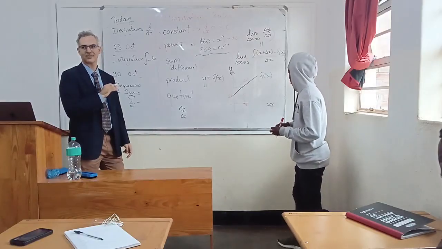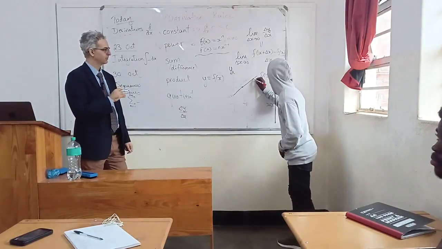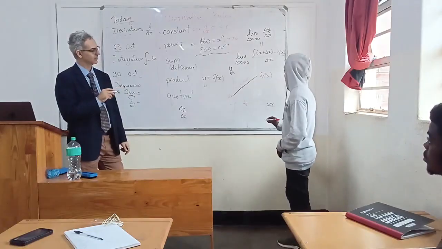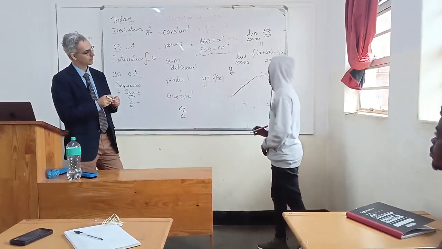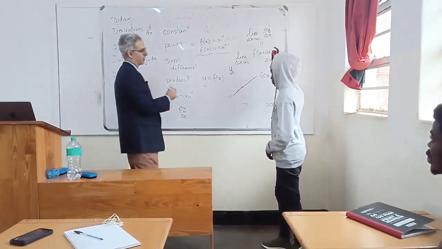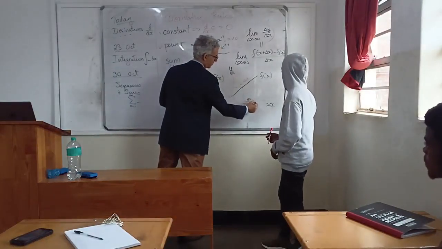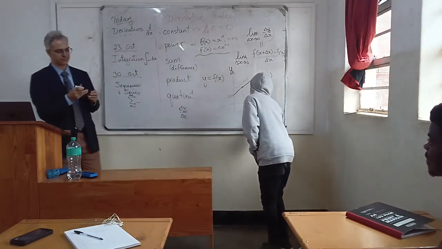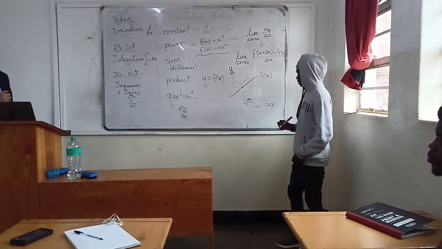Let's choose another point here. There's a distance here. We'll call this distance delta x. So this new point is x plus delta x.